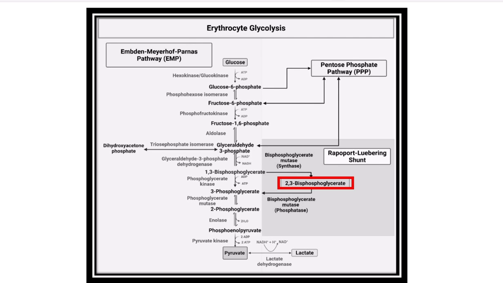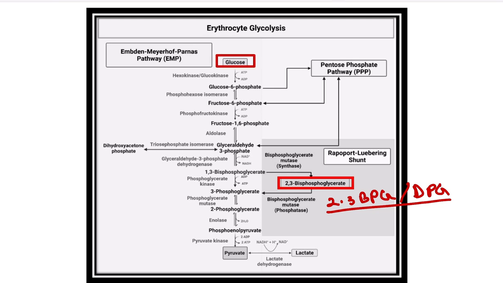have to know details about 2,3 BPG, that means 2,3 BPG or 2,3 DPG, that means diphosphoglycerate or bisphosphoglycerate, and it is derived from glucose. Here we can see the glucose.